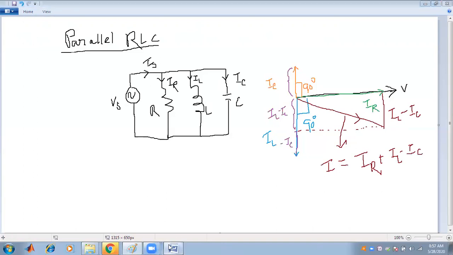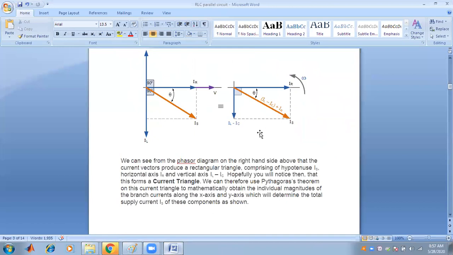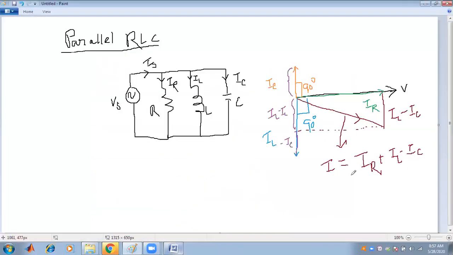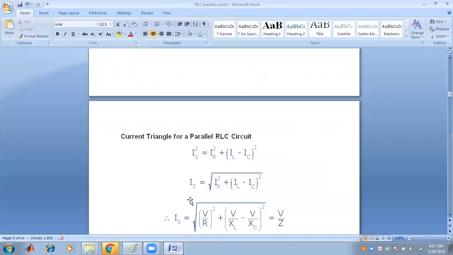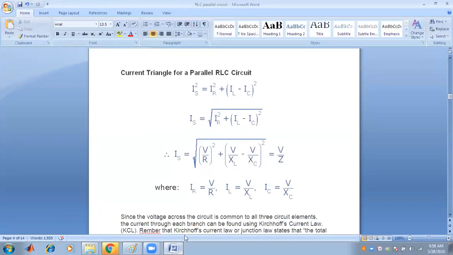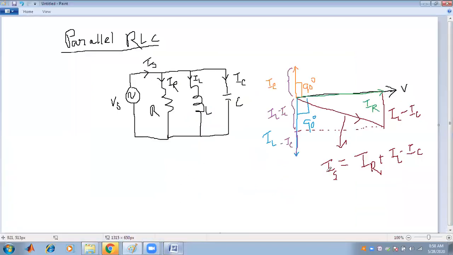So this is the vector IL minus IC plus IR, and the resultant current is IS. So what is the value of IS? That is easily done: IS square equals IR square plus IL minus IC whole square. So we have done it.